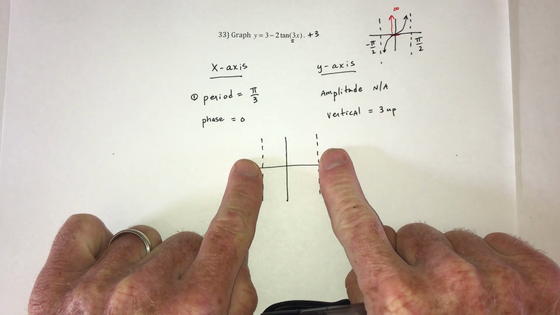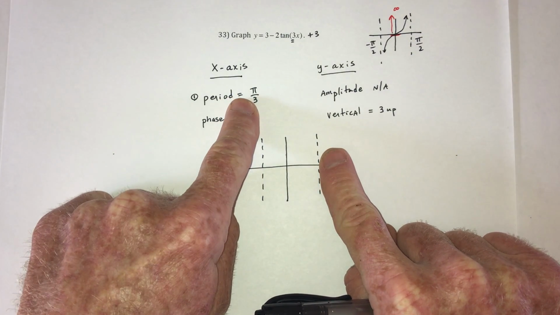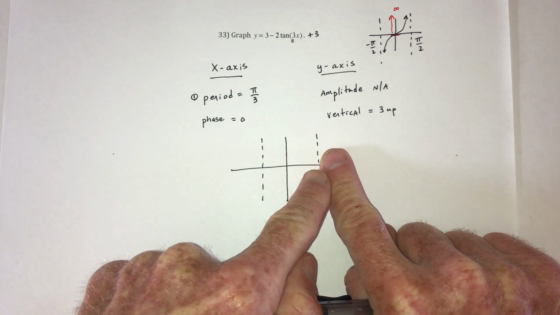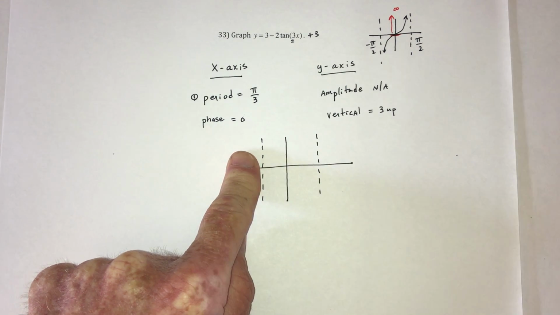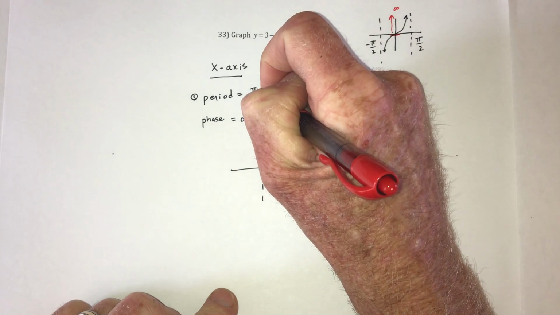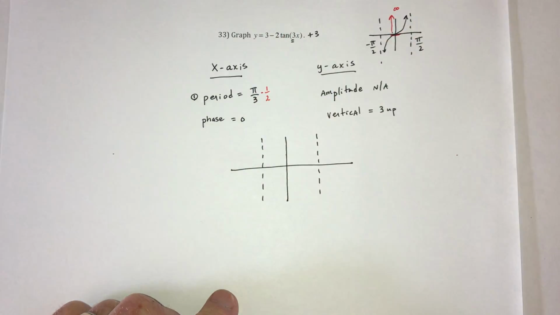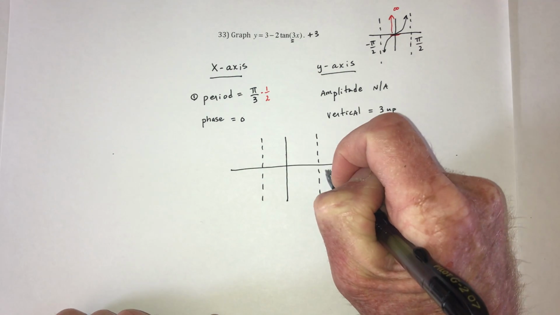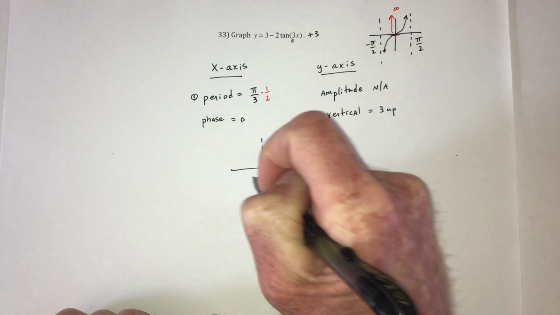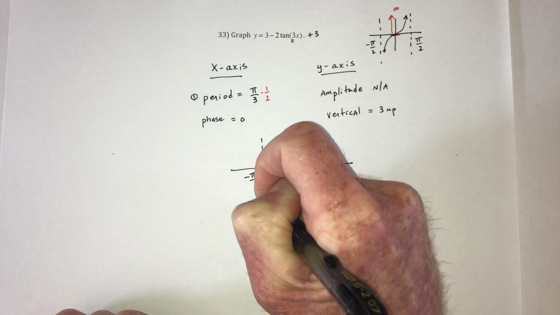And in total, the length between the asymptotes is pi over 3. That means half of it has to go over here, and half of it has to go over here. Well, if you find half of this, and you multiply across, that's going to be pi over 6. So this will be positive pi over 6, and this will be negative pi over 6.